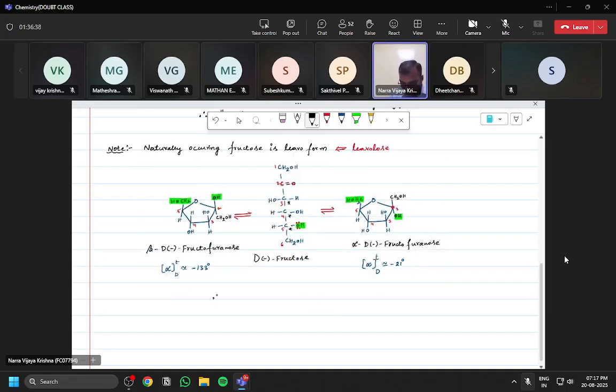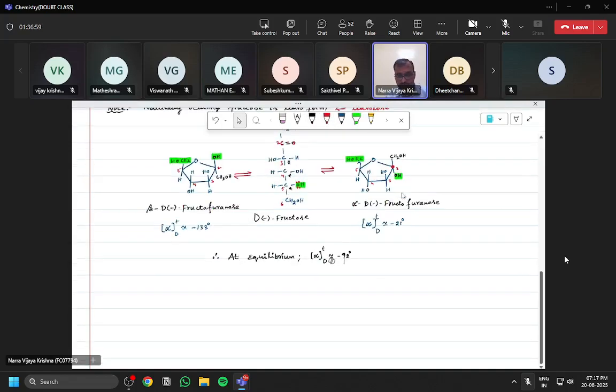Therefore, at equilibrium, net value is approximately equal to minus 92 degree. If it is minus 92 degree, tell me what is the percentage of alpha form and what is the percentage of beta form?